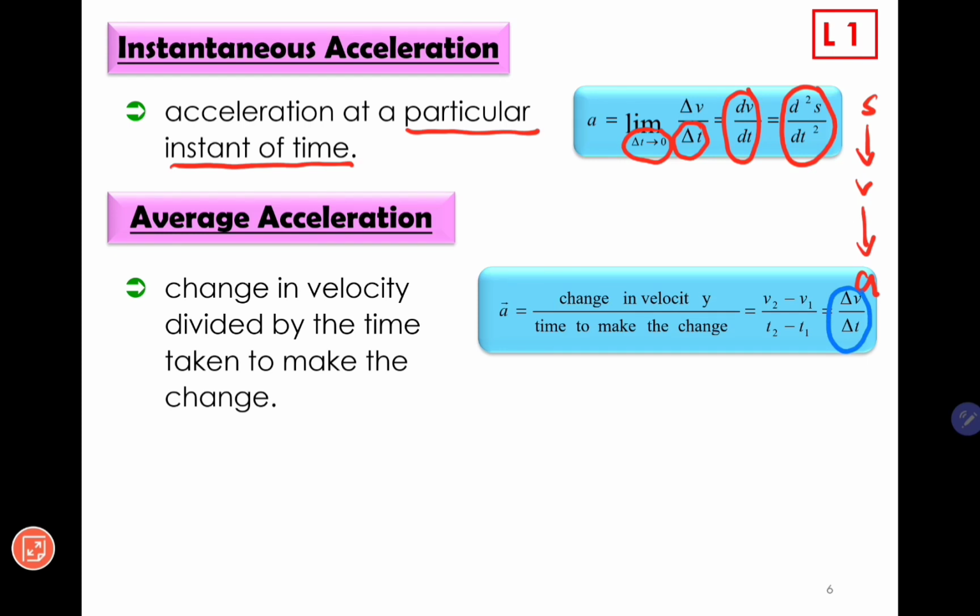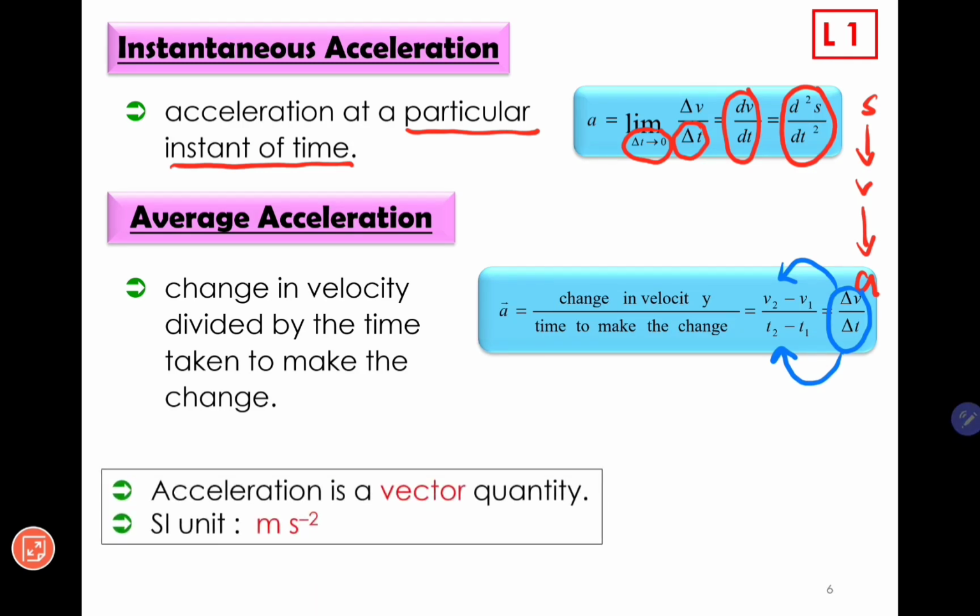Okay, still the same. Delta v is v2 minus v1, or v final minus v initial, and delta t is t final minus t initial, or t2 minus t1. Okay, the acceleration is a vector quantity, still the same. We are discussing about the magnitude and direction, and the SI unit of acceleration is meter per second squared.